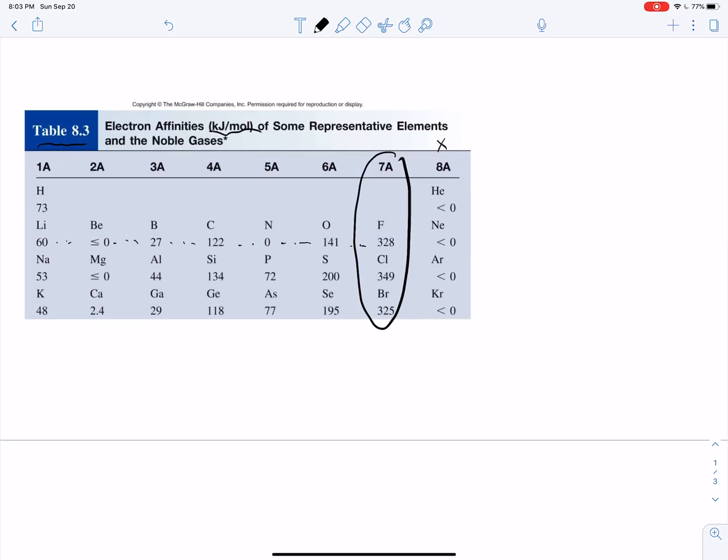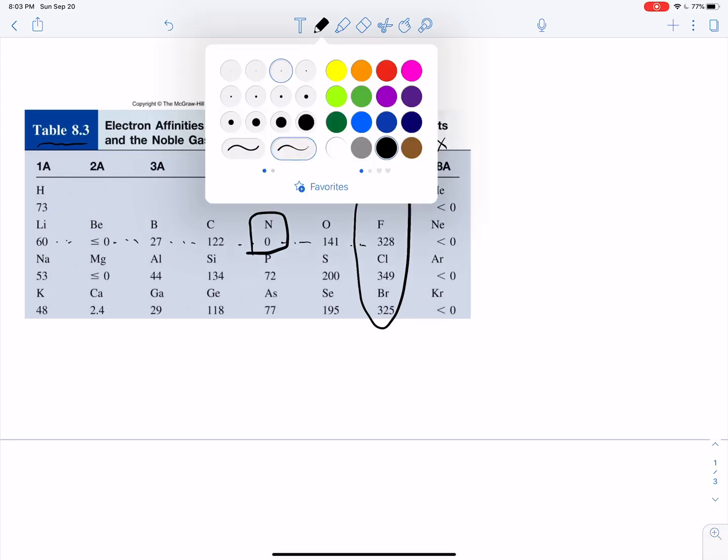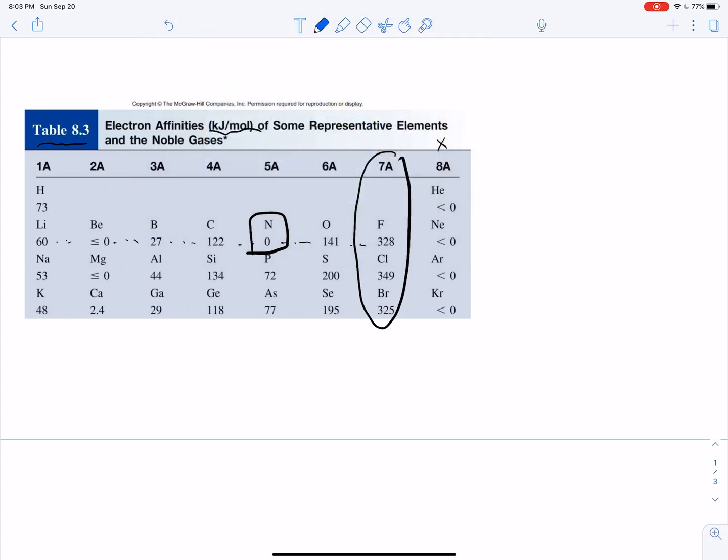In this video, I'm going to talk through this particular exception of nitrogen. Based on the trend, we would expect nitrogen to have an electron affinity somewhere in between carbon and oxygen. But it does not. The electron affinity is 0.